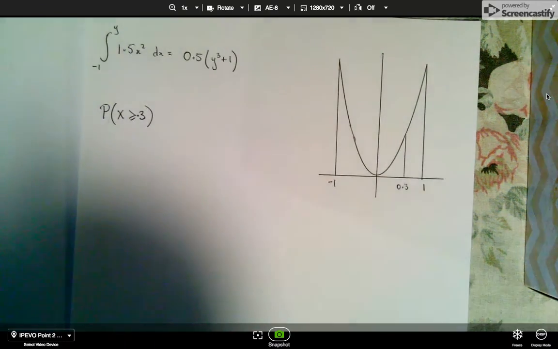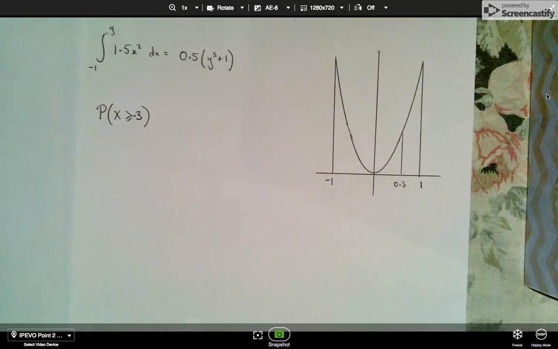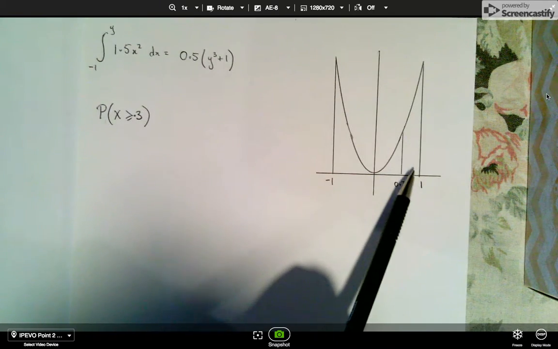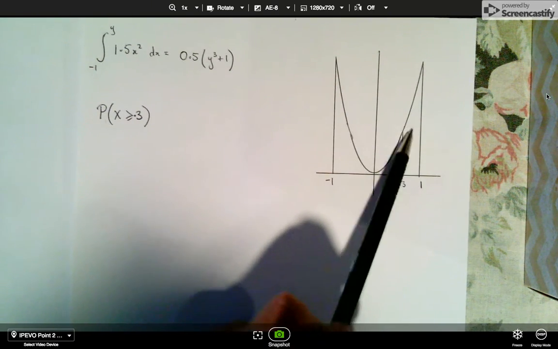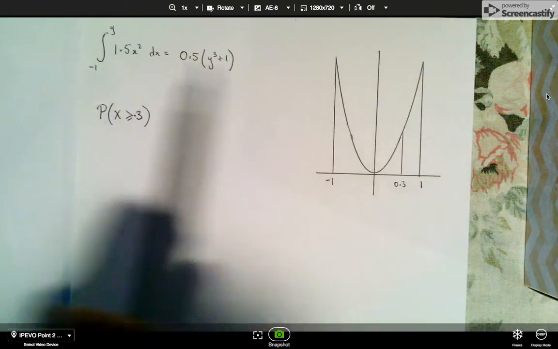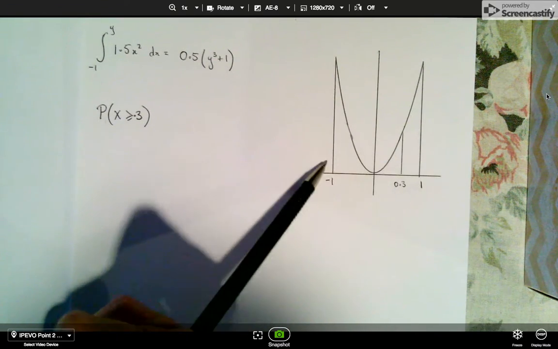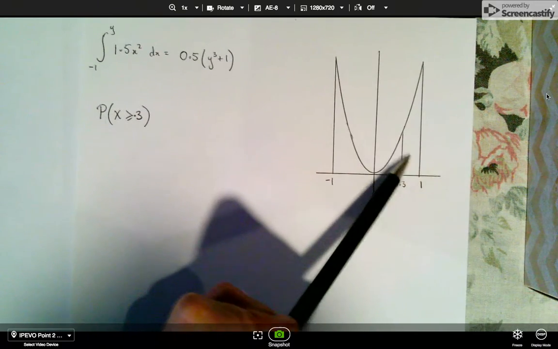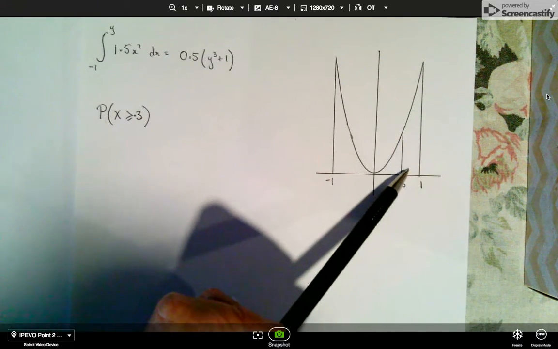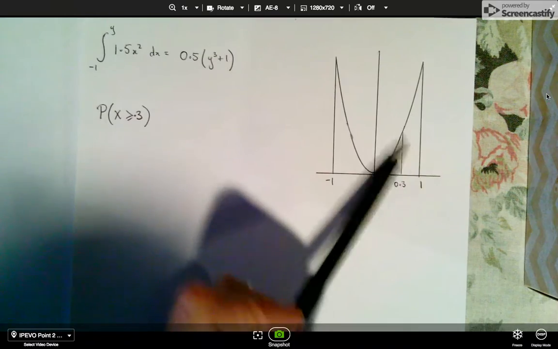The next example Alan looked at was, but what if x is greater than 0.3? So in our diagram over here, we're looking at this area here, but this function always gives us this area. This time we want this area, so it's a bit trickier, I guess.